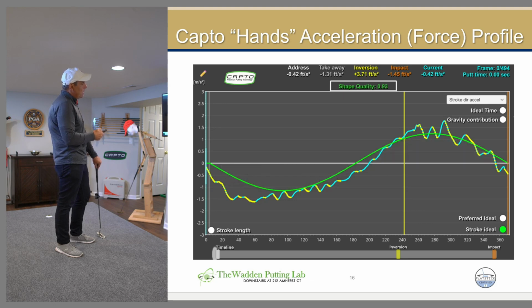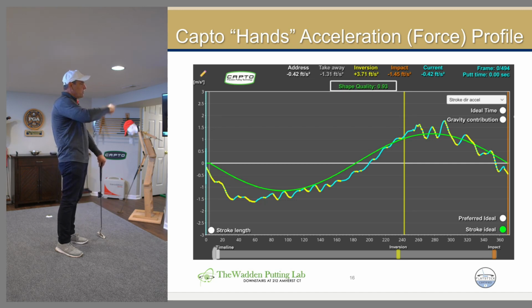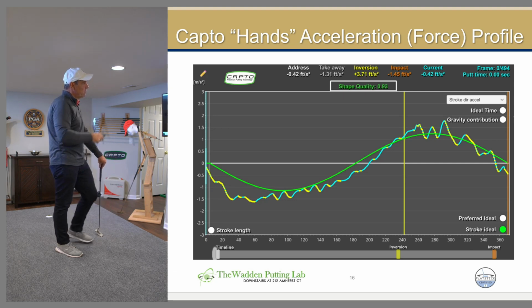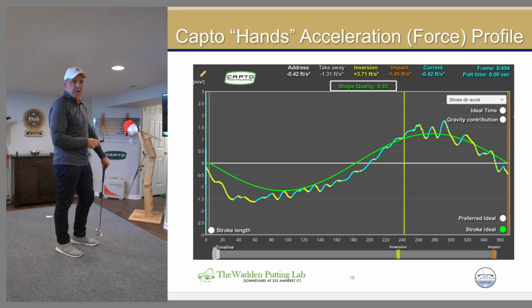Now, the yellow and blue squiggly line is the actual force production relative to the lime green ideal. And when the shape of the actual ends up along that same sine wave, you know you're doing it right, okay?